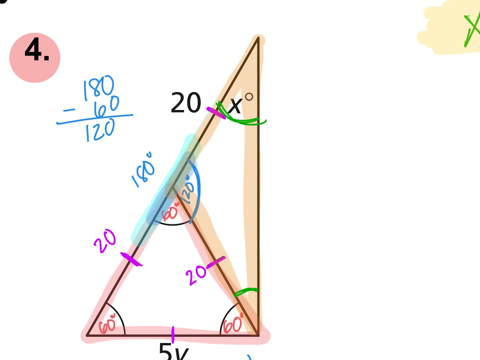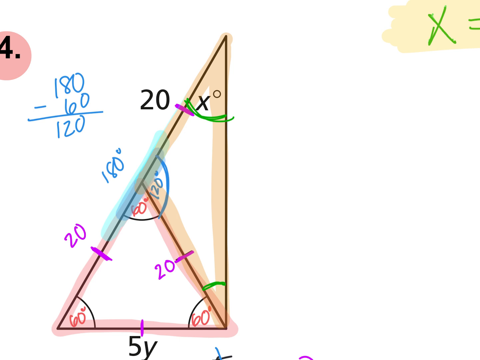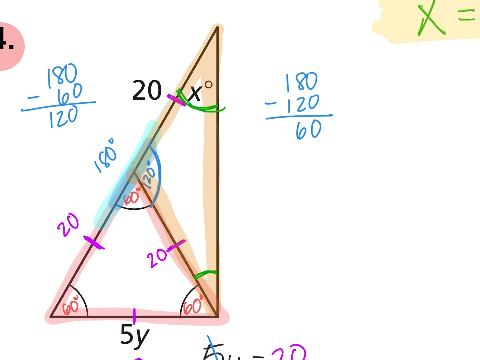So if I know that my angle at the top is 120, what do I have to do to figure out those two angles? Subtract by 180 and divide by 2. Good. 180 minus 120, and we should know what that one is. 60. And if I know that these two added together have to be 60, what would I have to do?